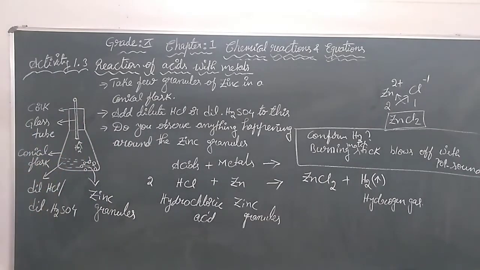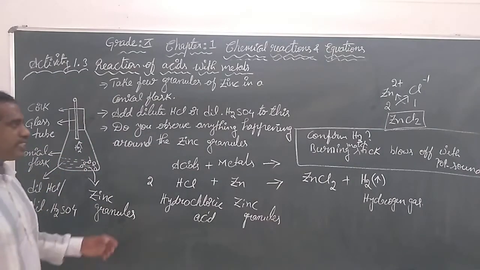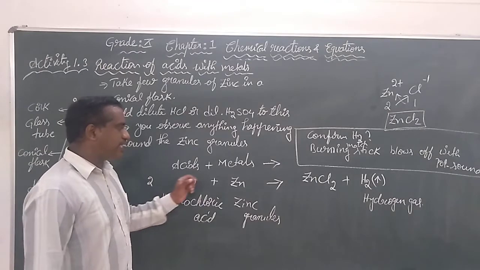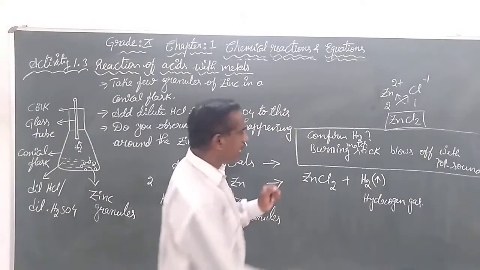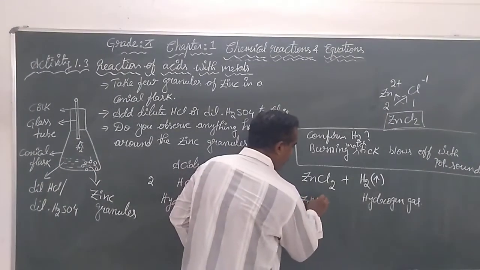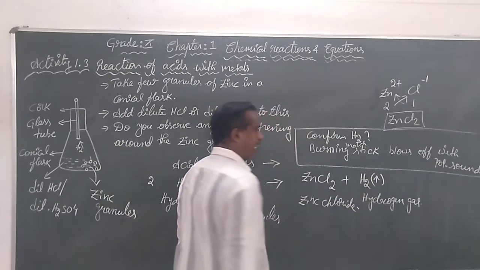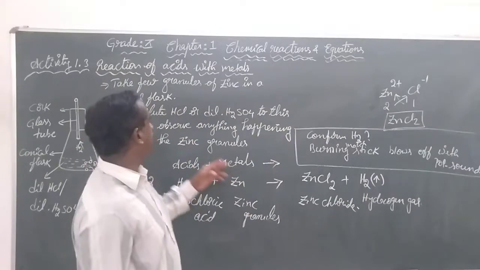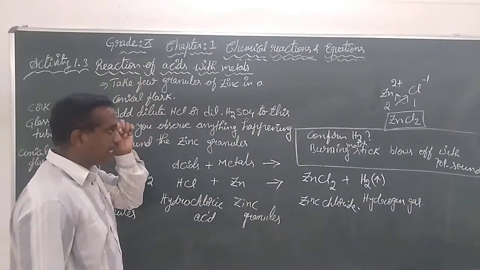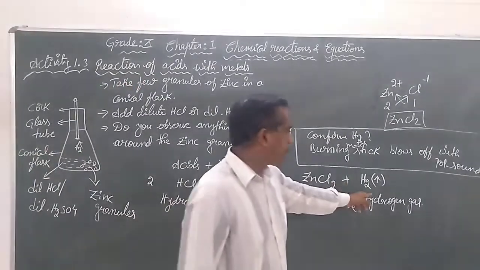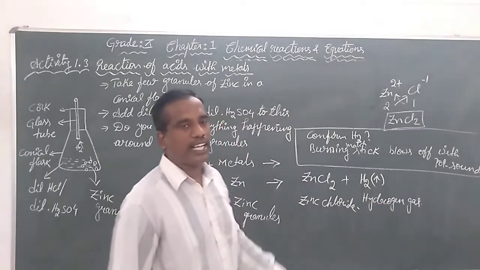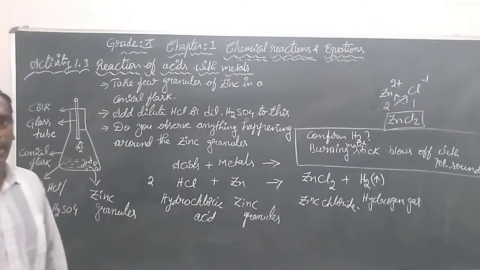In this activity, what we have learned is that hydrochloric acid, when reacting with zinc, forms zinc chloride. Along with that, it releases hydrogen gas. So during a chemical change or reaction, gaseous products like hydrogen gas may be released.